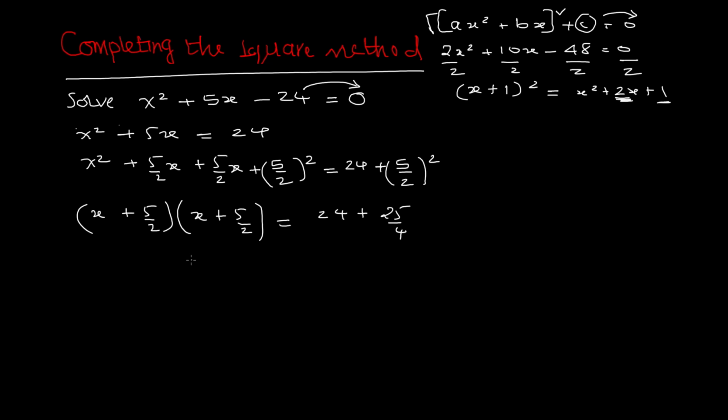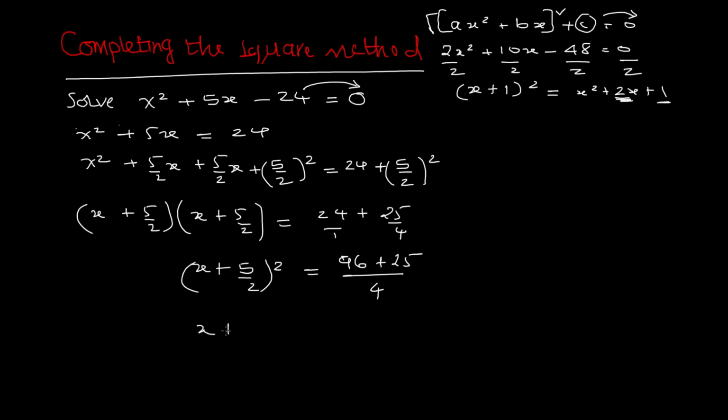This we can square. We square this, and then this side we can use a lowest common multiple, which is 4. 1 into 4, 4 times 24, we get 96 plus 25, like that.